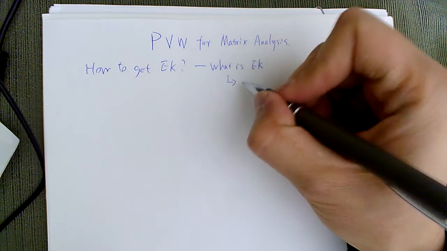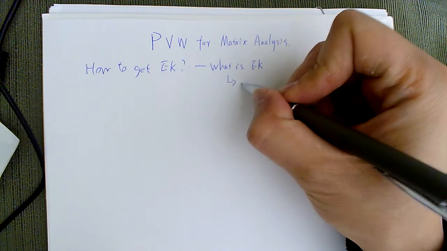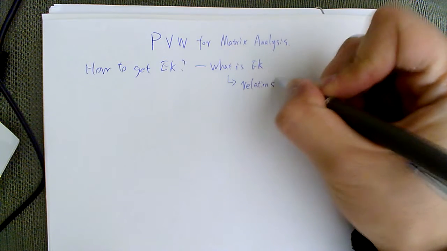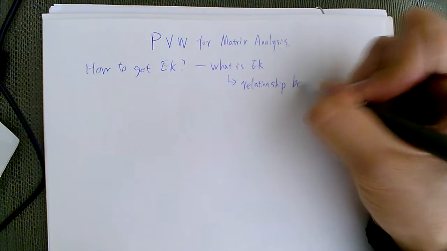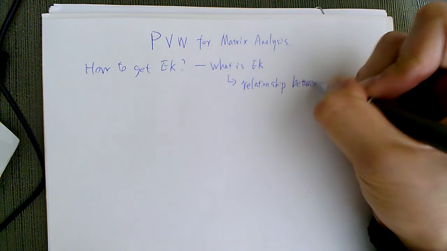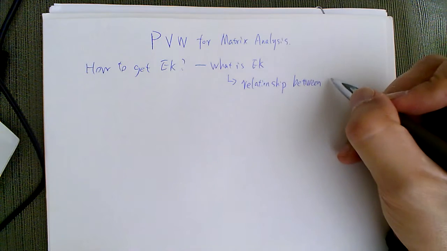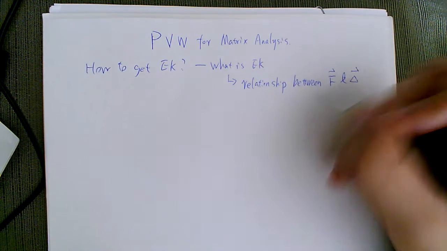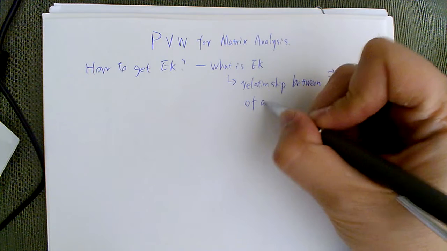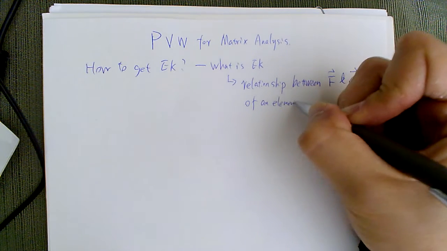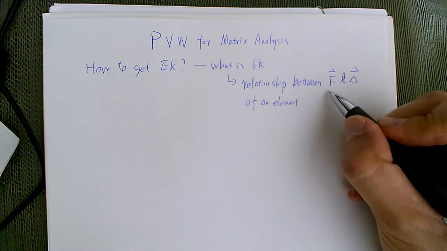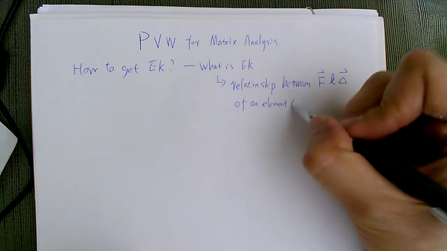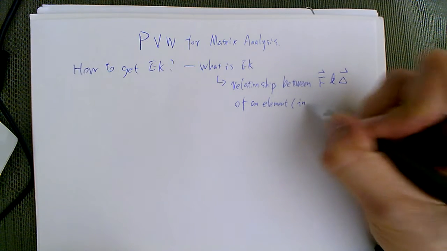What it does is basically a relationship between the force vector and the displacement vector of an element, and in fact, we'll see it's for an element in equilibrium.